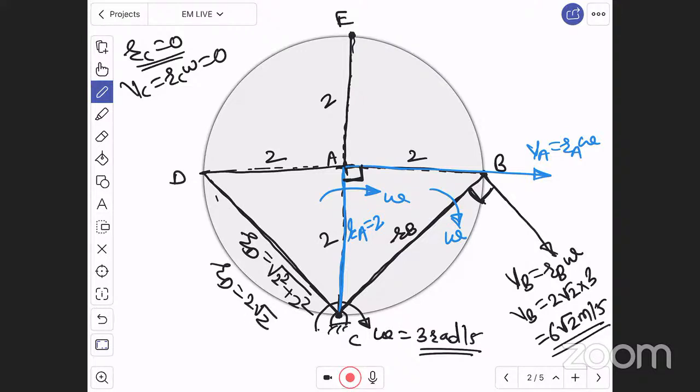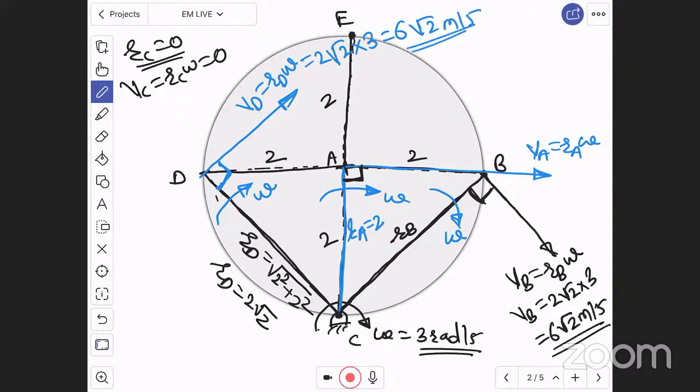Perpendicular to this radius, rotating clockwise with angular velocity omega, there will be a velocity of point D like this, with a 90-degree angle, which is R_D omega. R_D is 2 root 2, omega is 3, which is 6 root 2 meter per second, in the given direction.